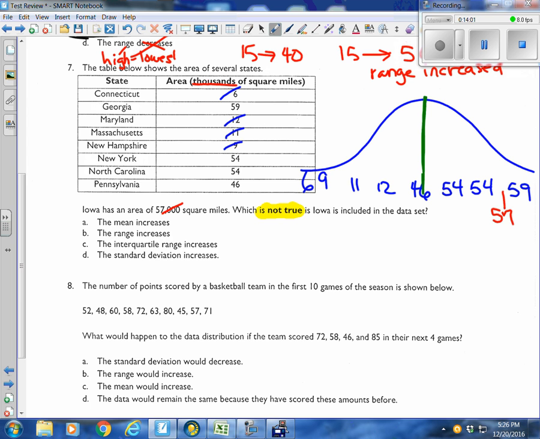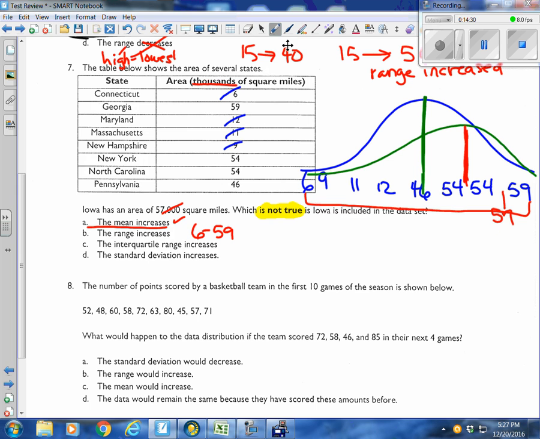So it's going to pull the string a little bit, and it's going to move it over here. Now the average is probably a little bit higher, like right there. So it's going to increase some things. Does the mean increase? Sure does. I'm going to average a higher number. Does the range increase? The range goes from 6 all the way to 59. So it went from 6 to 59.